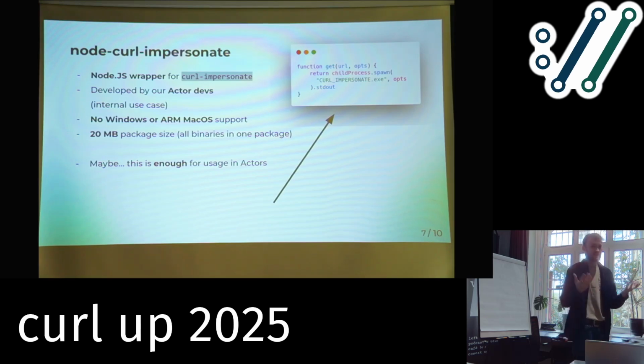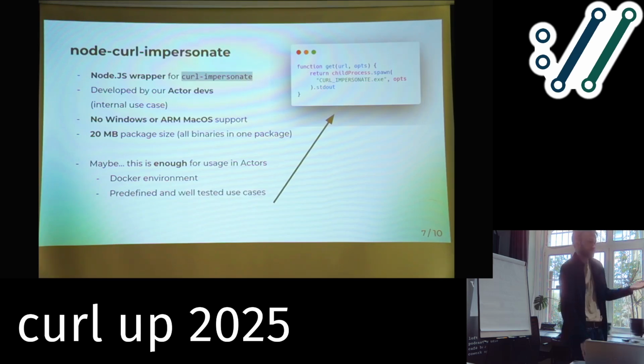But as I said, maybe this is enough for their usage, right? Maybe they unblocked their use case, they managed to ship it out, and as I said, actors are Docker images, right? So you don't have to care about the no Windows support or the fact that the package is 20 megabytes, because you just package it with everything else that's in the system in the Docker container, and it just works.